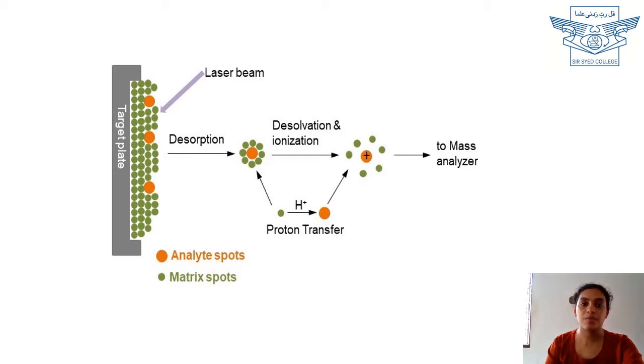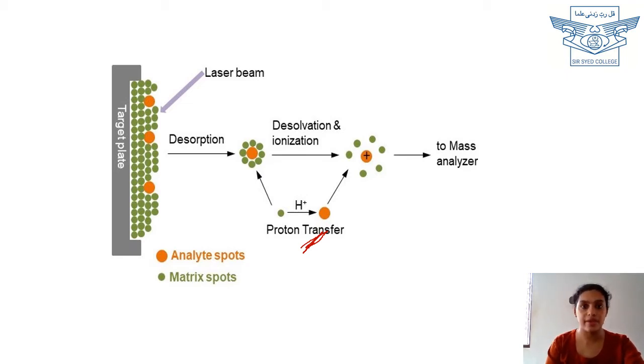When the laser beam bombards it, the matrix material absorbs the energy, and the matrix converts our analyte into ions. The matrix material normally used in the case of MALDI is weak organic acids. Normally cinnamic acid derivatives are used.